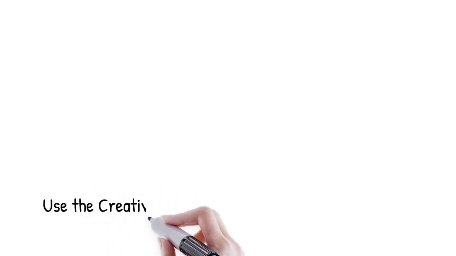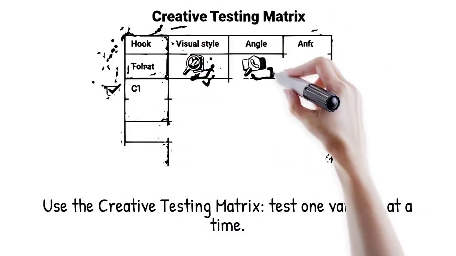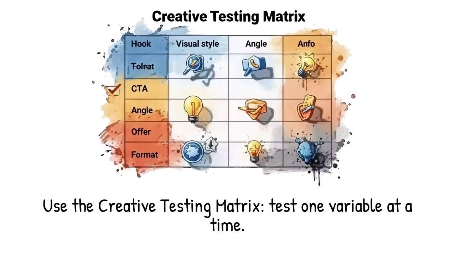The Creative Testing Matrix. Find your winners. To scale lookalikes, you must test creative systematically. Test one variable at a time: hook, visual style, CTA, angle, offer, format, video versus static. Use this matrix.